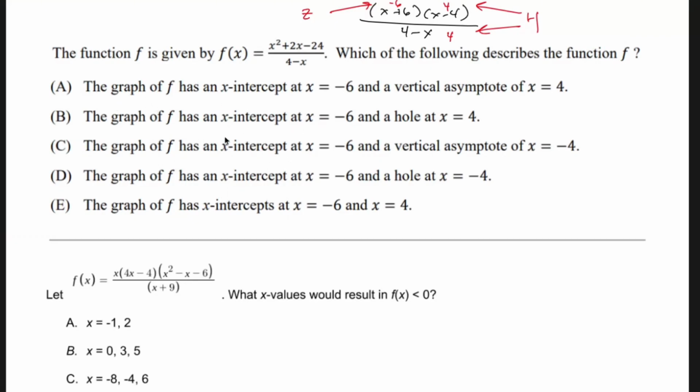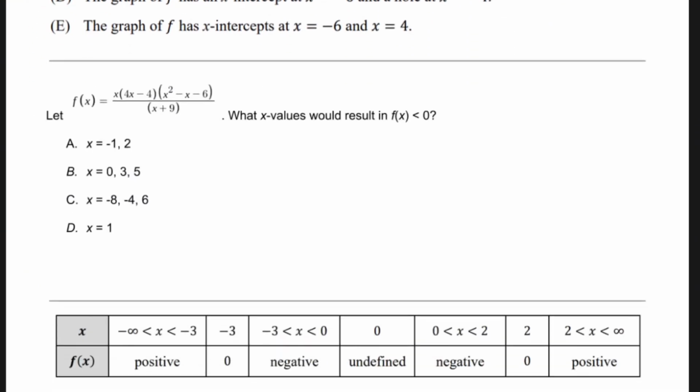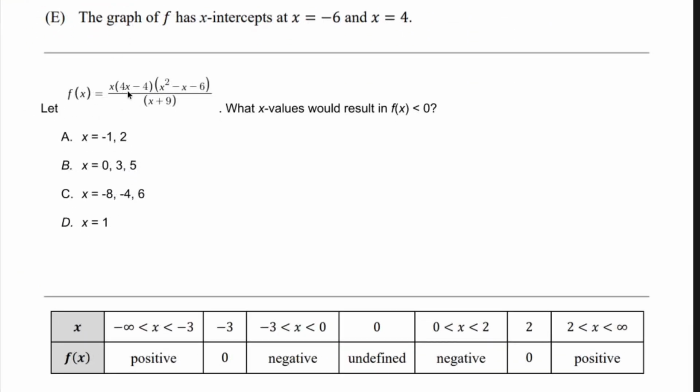All of these have x. Okay, graph of x-intercept, so not creative at all. But a hole at 4 is just going to be b. I don't know why they decided to make all of them negative 6, but they did. All right, two more problems to go.